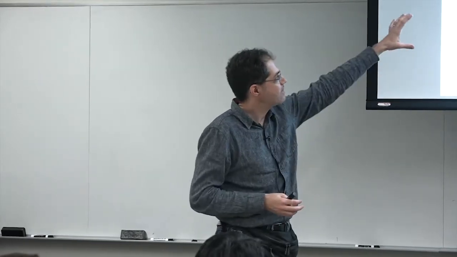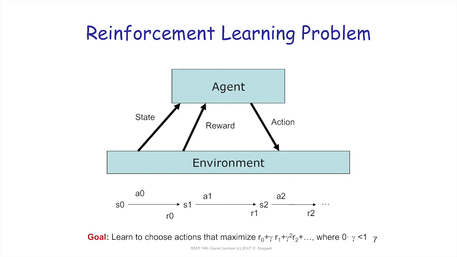OK, so if we want to define reinforcement learning more concretely, a classic diagram works as follows, where you have an agent. This agent is a computer program that is going to select some actions. These actions, in the case of a game, might be selecting the next move.